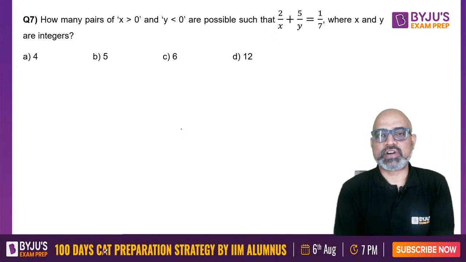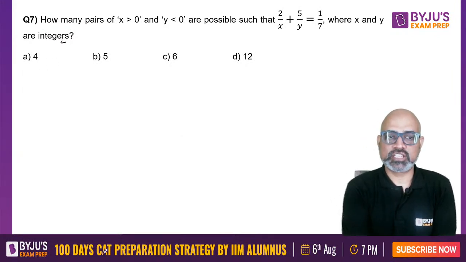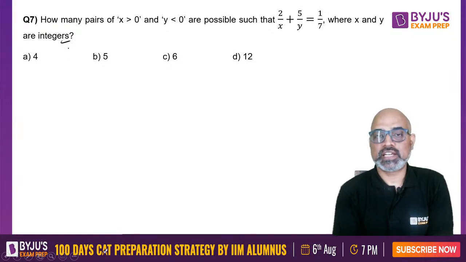So how many values of x and y, where x is a positive integral value, and y is going to be a negative integral value, such that when you put it in that given equation, it's going to be true.